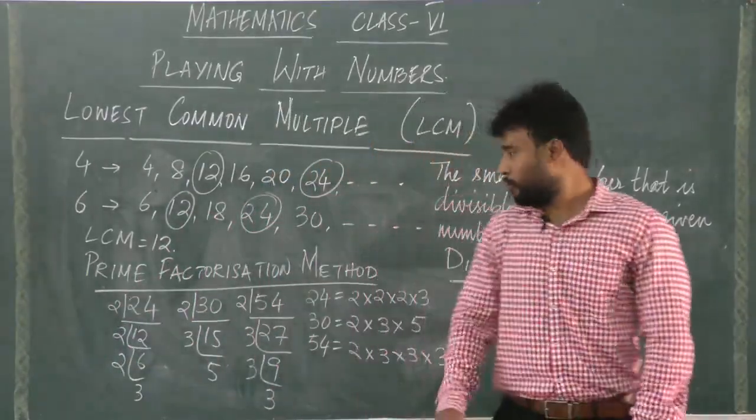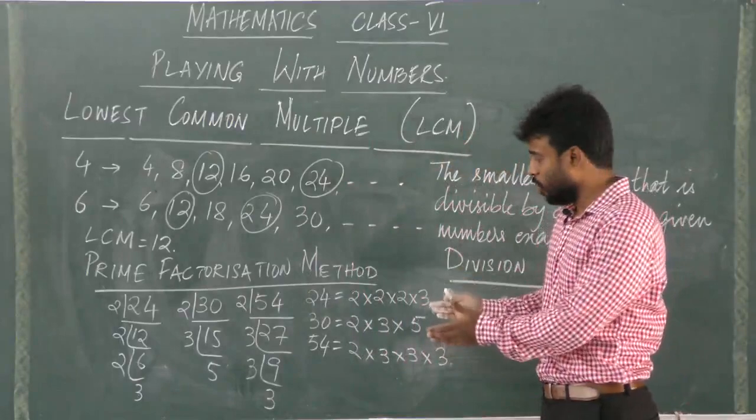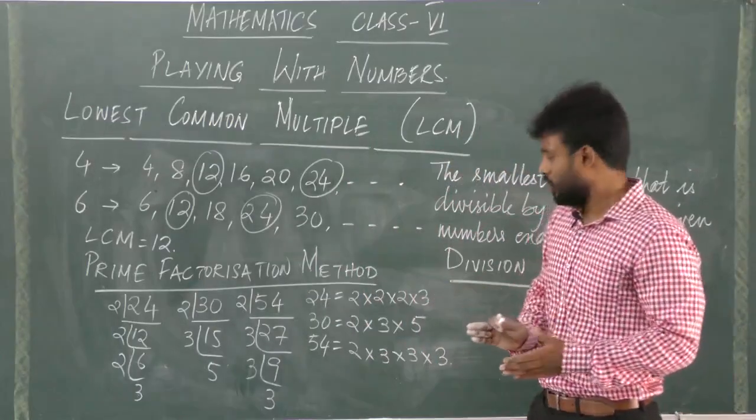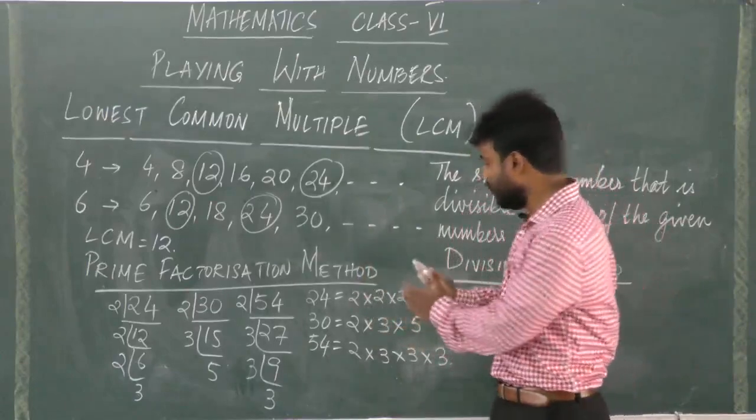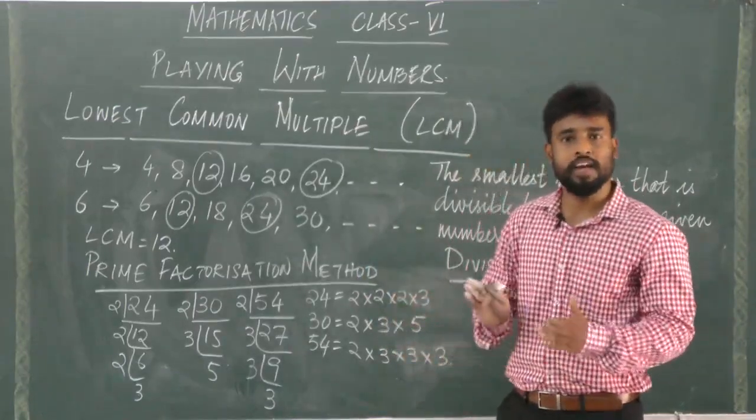Now we want to find out the LCM of 24, 30 and 54. There are three prime numbers involved in these factors, that is 2, 3 and 5.